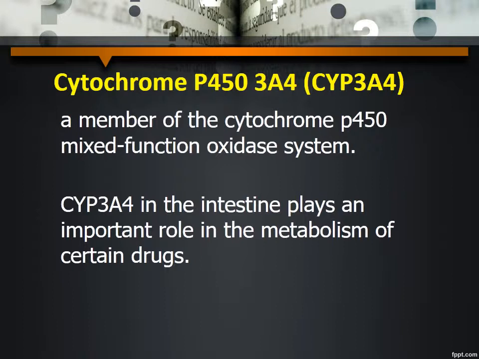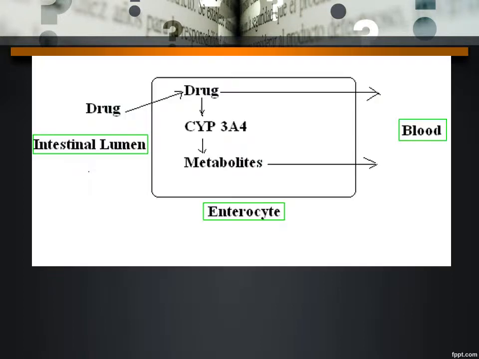Besides PGP affecting bioavailability, as I mentioned in the previous slide, an enzyme can also metabolize the active drug, which affects the outcome of bioavailability, which is cytochrome P450-3A4. Cytochrome P450-3A4 is a member of the cytochrome P450 mixed function oxidase system. In the intestine, it plays a role in the metabolism of certain drugs.